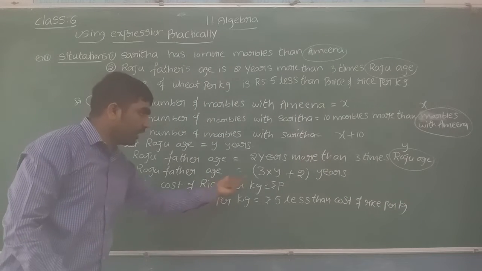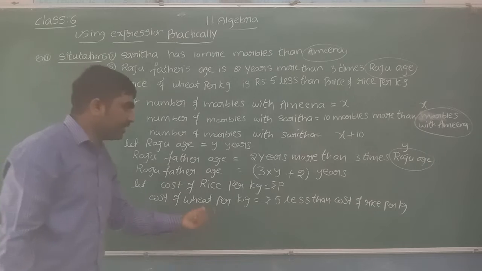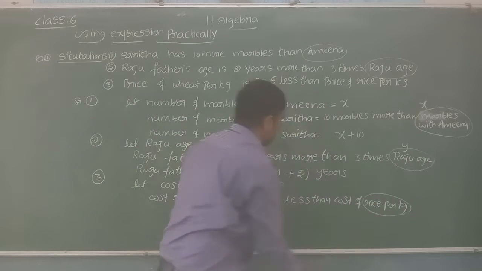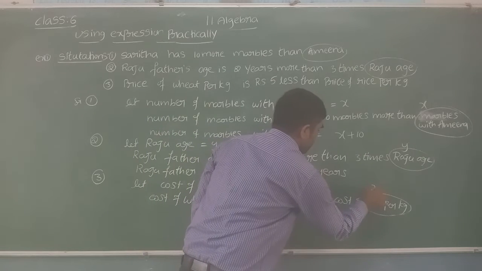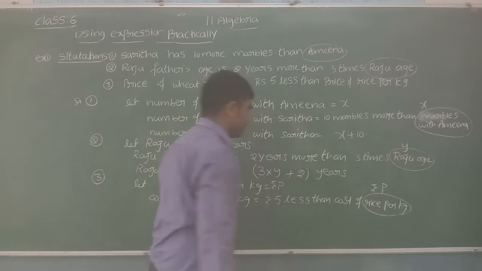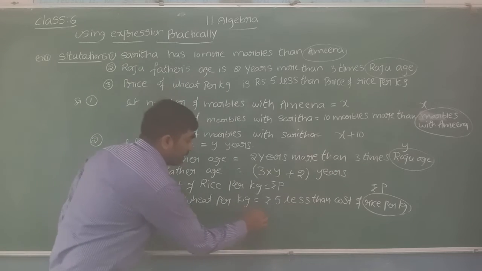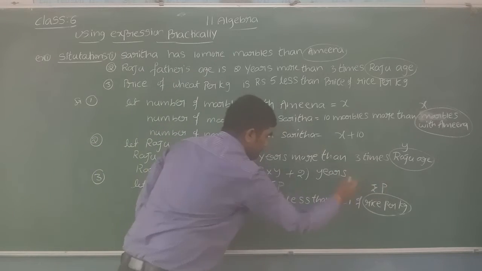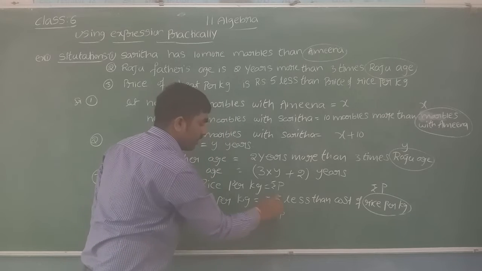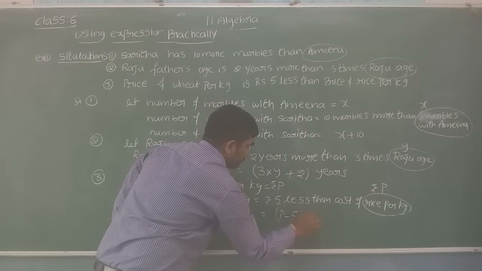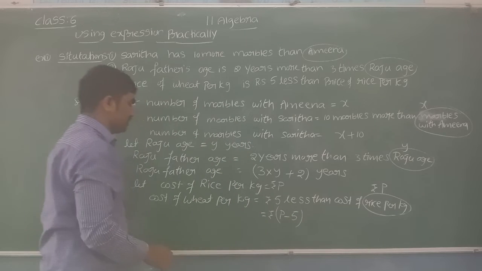Just for the unknown quantity I took some alphabet. Now we write the expression better. Come from backwards. Rice per kg we took p rupees. Now tell me, 5 less than p, how can I write it? First you write p, then 5 less means minus 5. So p minus 5 rupees.